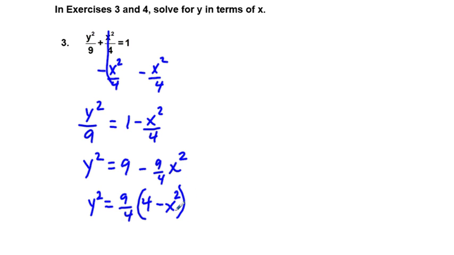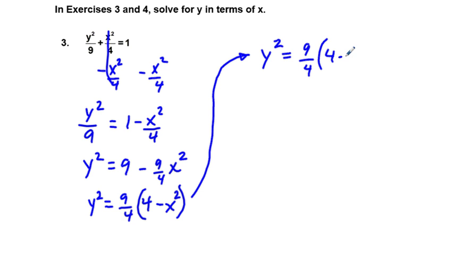And so the next step we're going to do is to take the square root of both sides. I'm just going to come up here to the top and write y squared equals 9/4 times the quantity 4 minus x squared, and what we're going to do is take the square root of both sides of this equation.